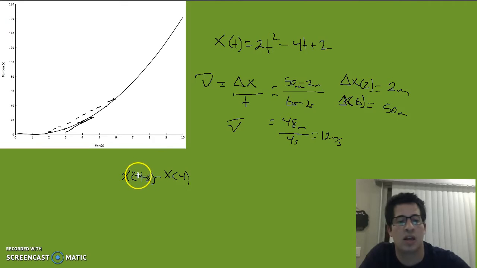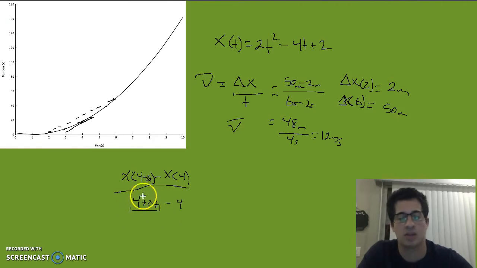This is x of 4 plus delta t, so some infinitely tiny change in time, minus x of 4, over 4 plus delta t minus 4, because this one occurs at 4 seconds, and this one occurs at 4 plus however many seconds have passed.